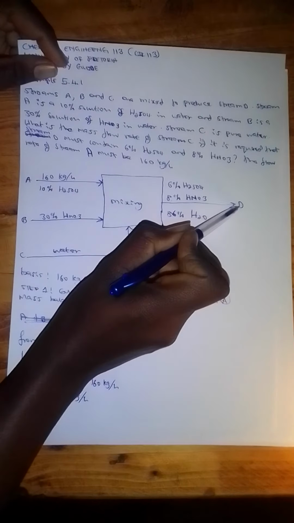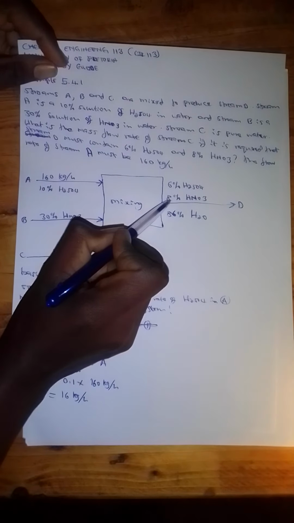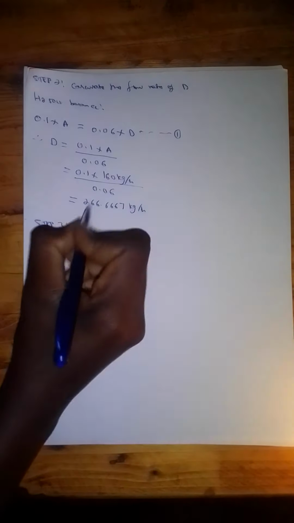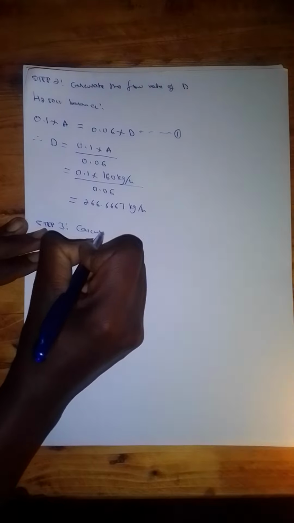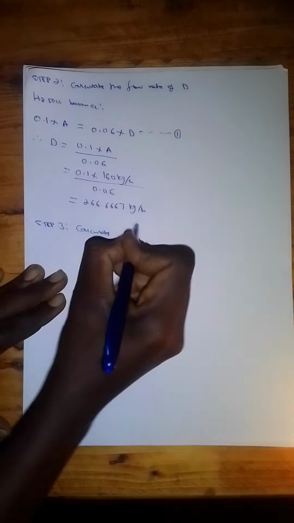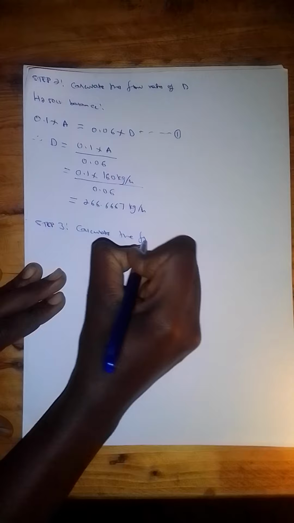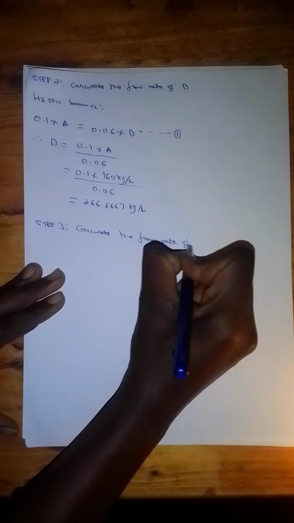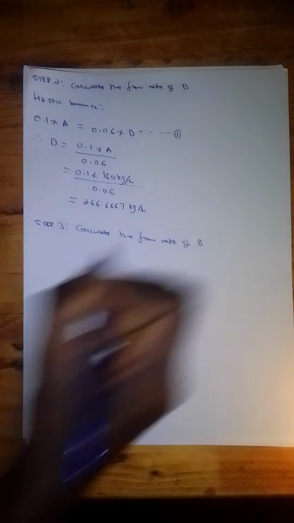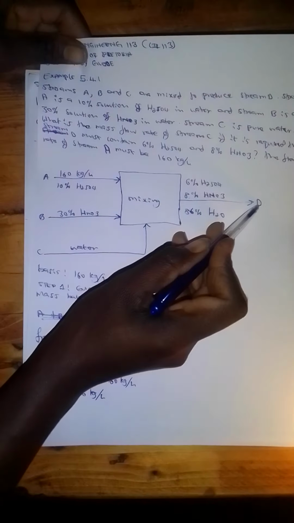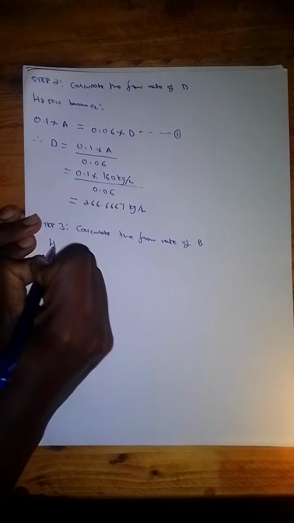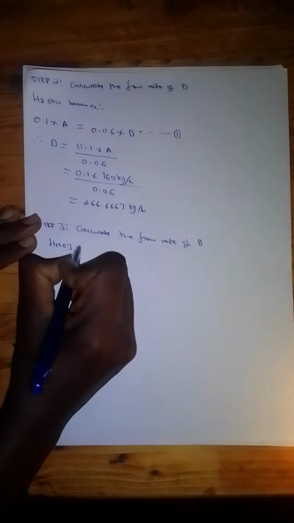We have the total, and we also have the mass analysis of HNO3 in both D and B. So step 3, calculate the flow rate of B, because we have the D and the mass analysis of HNO3. So we can just say HNO3 balance.